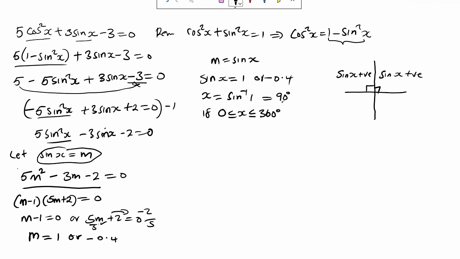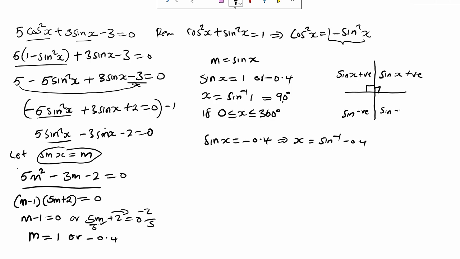On the other hand, sine x equals negative 0.4, from which our x is sine inverse of negative 0.4. Now our sine x is negative, so we go to the quadrants where sine is negative. Sine is negative in the third and the fourth quadrants.